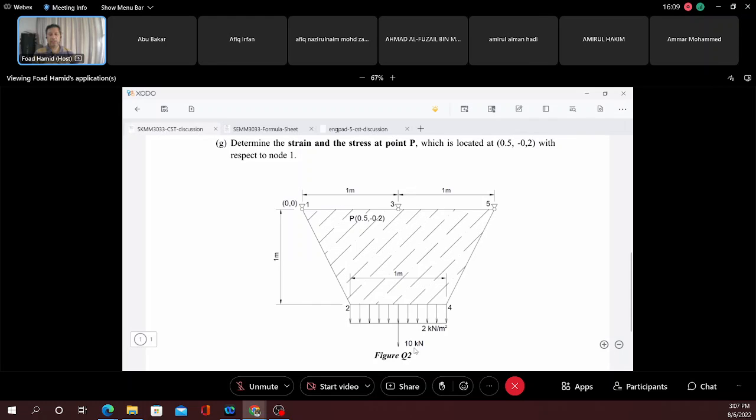We have a 10 kilonewton point load at this point here, and a uniform distributed load of 2 kilonewton per meter square here. All these are supported by pin joints at node 1, node 3, and node 5.